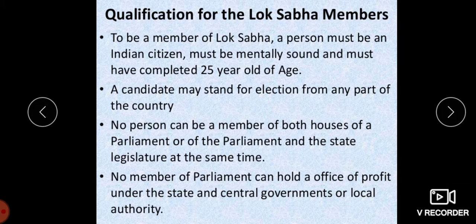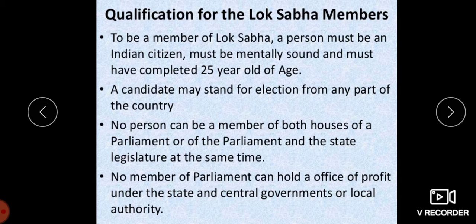If a member is, without the permission of the House, absent from all the meetings for a period of 60 days. In computing the said period, no account is taken of any period during which the House is prorogued or is adjourned for more than 4 consecutive days.